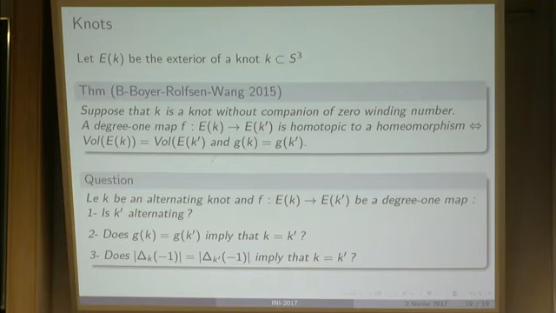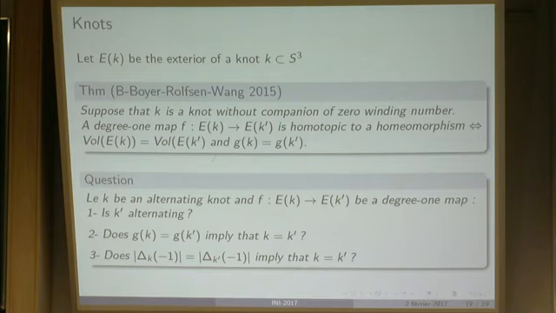Now here is a question. You have this L2 Alexander polynomial. We know that the Alexander polynomial behaves well under degree 1 maps, so the Alexander polynomial of the target will divide the Alexander polynomial of the domain. The same with the twisted Alexander polynomial with finite coefficients. But for the L2 polynomial, I don't know, except that the L2 polynomial determines the volume and the genus.